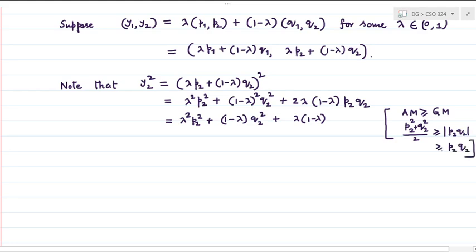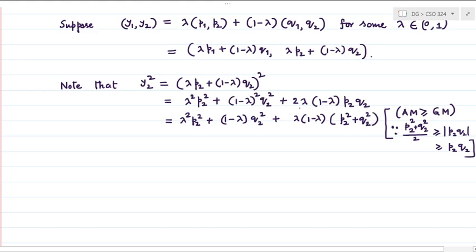So 2 p2 q2 is always less than or equal to p2 square plus q2 square.